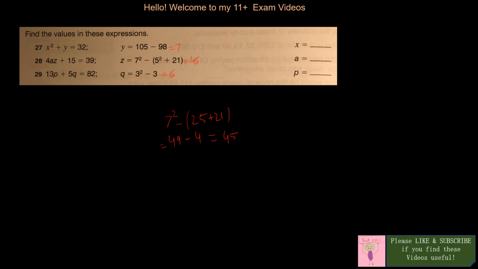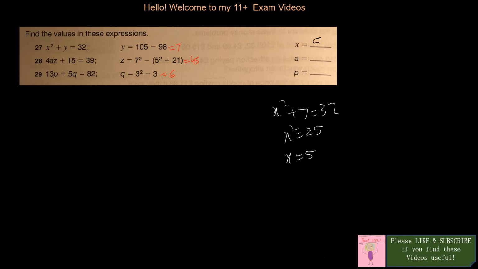So if we put these values in, we should get x squared plus 7 is 32, so x squared is 32 minus 7, that's 25, so x is 5. Then we have 4az.